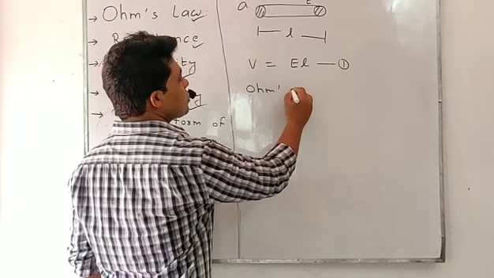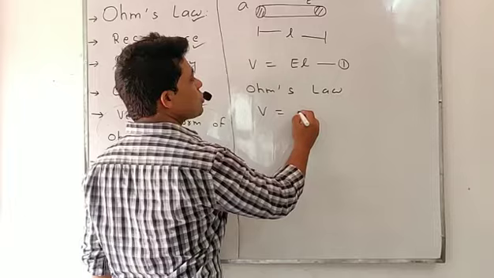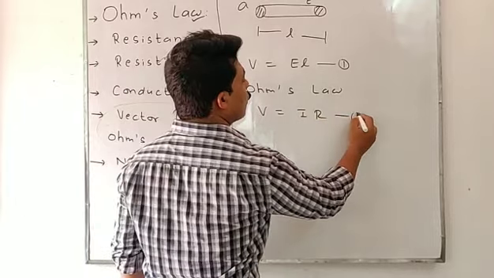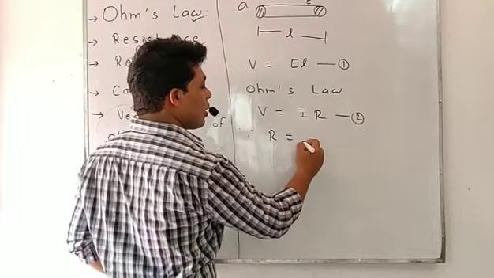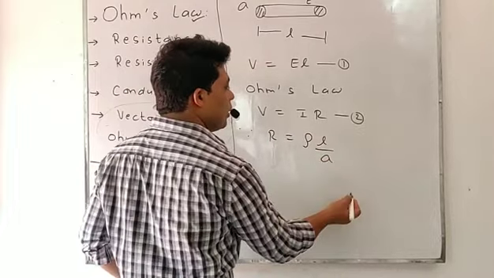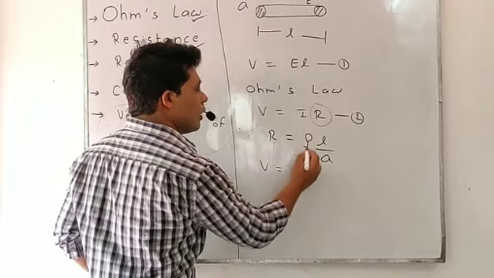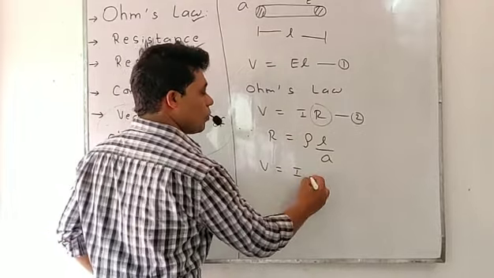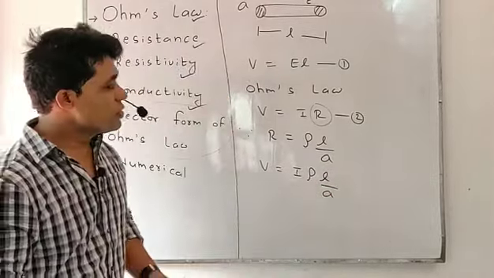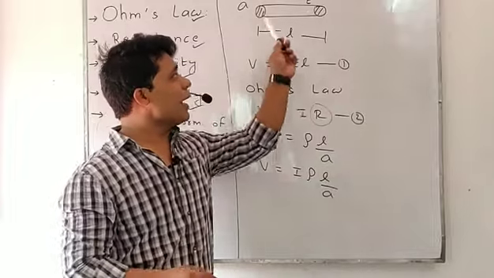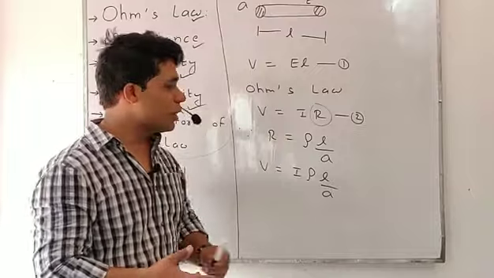Now students, we apply Ohm's law. The simple form of Ohm's law is V equals IR. We'll make one change. We know R is rho L by A, so here I am going to put the value of R, keeping I as it is. One more time: first we find the potential at the ends of the conductor, EL, where E is the electric field and L is the length of the conductor.